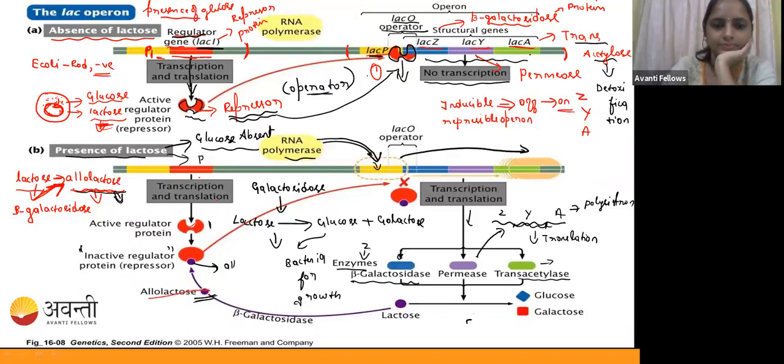So the order is Z, Y, A. Very good. Z codes for the beta galactosidase, Y is for the permease, A for the trans-acetylase.